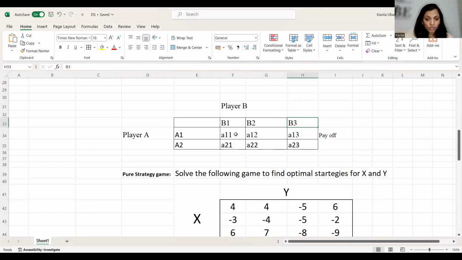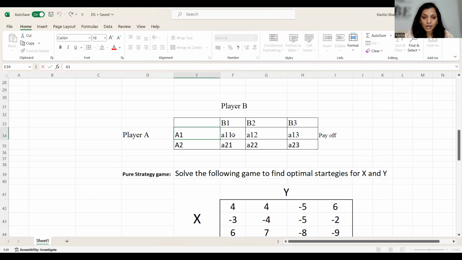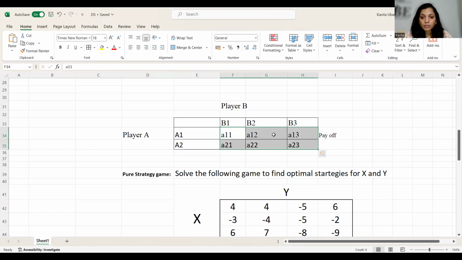Whatever cost is there when player A uses strategy A1 and player B uses strategy B1, it means A11 is the payoff when these two players use their particular strategies. Likewise, this is a 2 by 3 matrix and these are the payoffs.